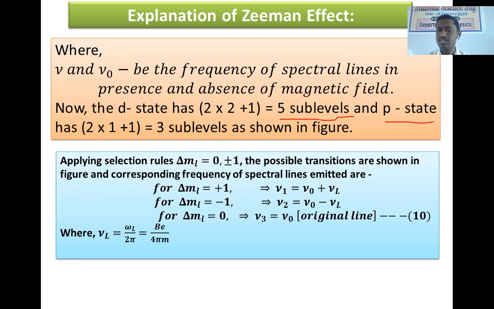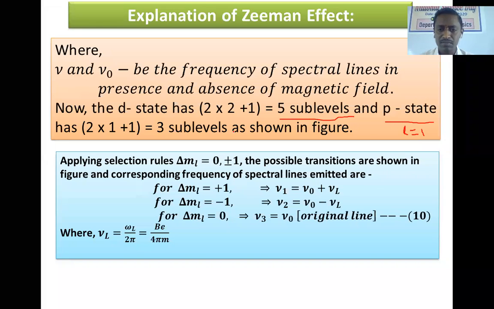Also the P state has a value of L equal to 1, so it has 2L plus 1, that is 2 into 1 plus 1, that is 3 sub levels. I have shown these sub levels for the D state and P state on the next slide. Simply remember here the number of sub levels possessed by D state electrons and P state electrons.